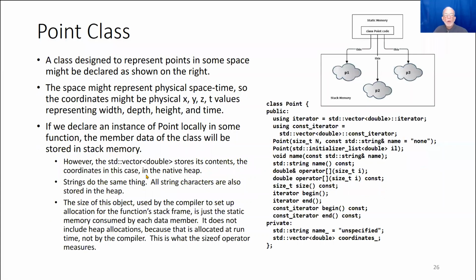All right, so here's an example, a point class. This class is designed to model points in some space. If this happened to be space-time, we'd have height, width, and depth variables and a time variable. So our coordinates would hold height, width, depth, and time.